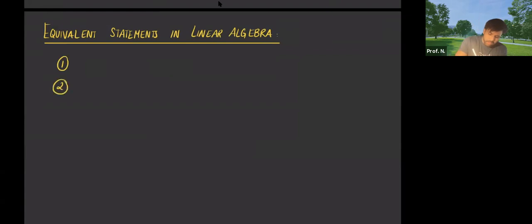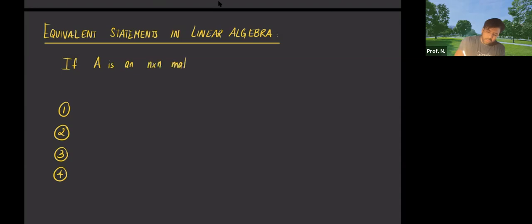I think we only discussed like 3 or 4, probably maybe 5 statements that are equivalent. So this only works if A is an n by n matrix. So we're only dealing with square matrices, okay? One of the first things we talked about with matrices is that they can be invertible.